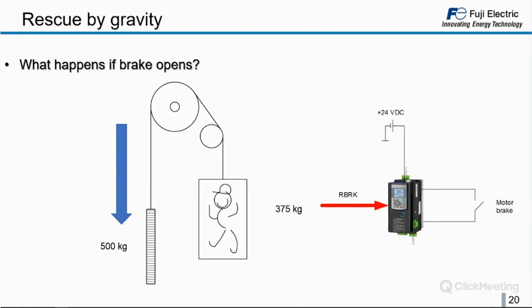By means of a digital input, with the function RB-RK, rescue by brake control, we supply the control board of the inverter with 24 volts, and then we have enough power on the inverter to open and close the relay which is controlling the brake. The inverter will open and close the brake, making the lift system move in the low direction, in this example, in the down direction.